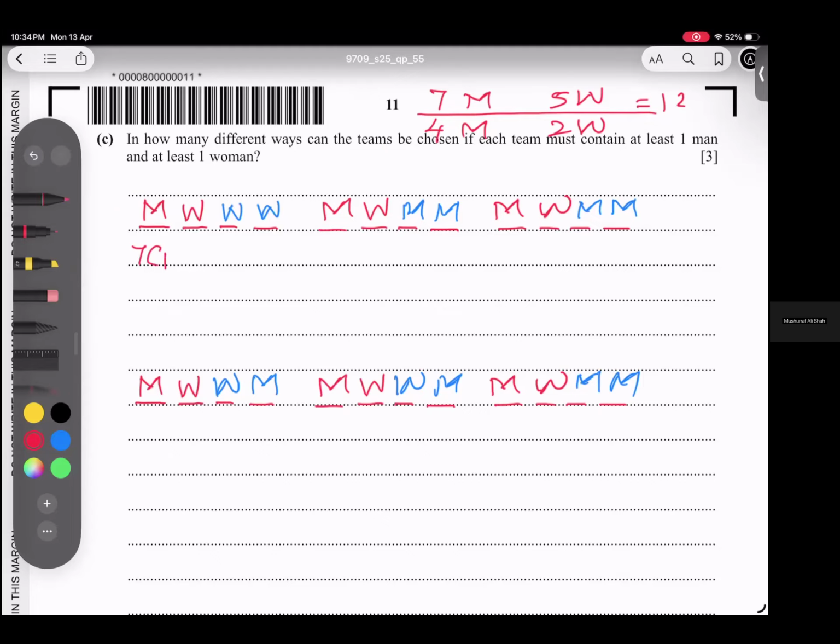7C1. And we have 3 women, so I can say 5C3. I repeat my words again. First of all, I'm writing here, or I can write even the below part, no problem.